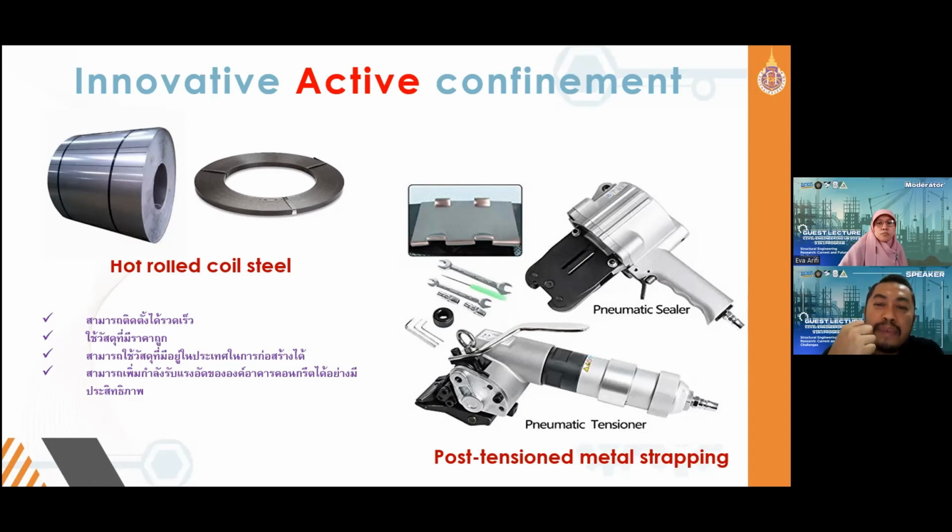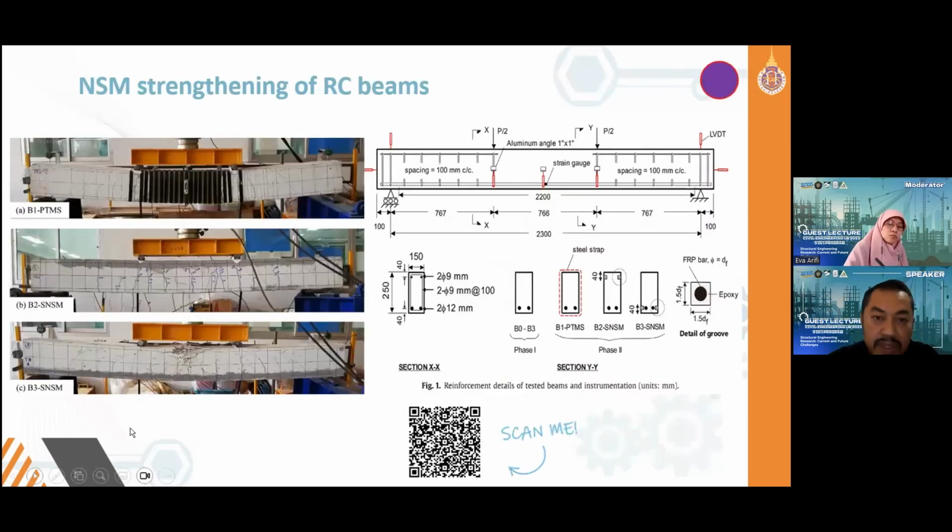This technique is really powerful with columns, because you want to increase the axial capacity and the ductility. This is the one that I invented, and it can also apply to beams. You can see here the black metal strap.